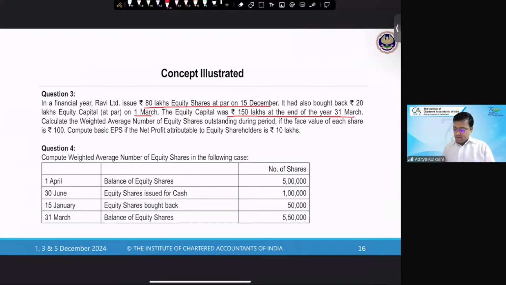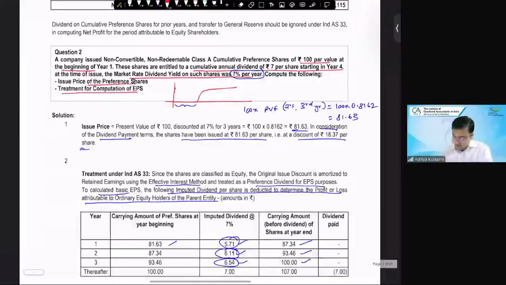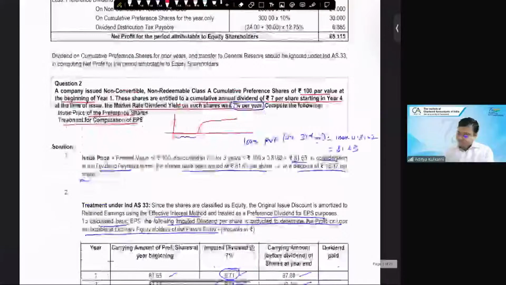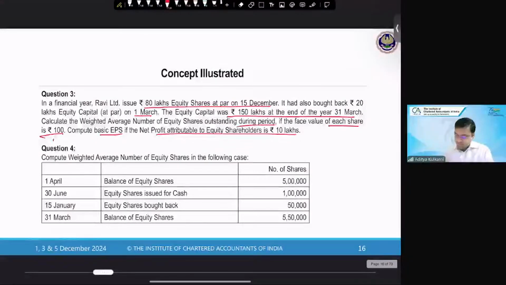Calculate the weighted average number of equity shares outstanding during the period if the face value of each share is rupees 100. Compute basic EPS if the net profit attributable to equity shareholders is rupees 10 lakhs. So, want to try?